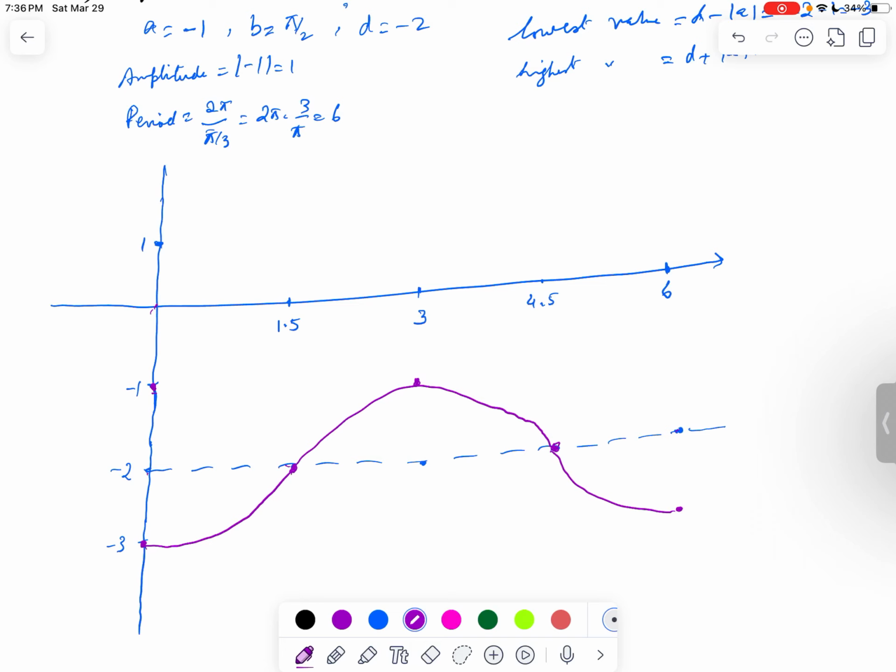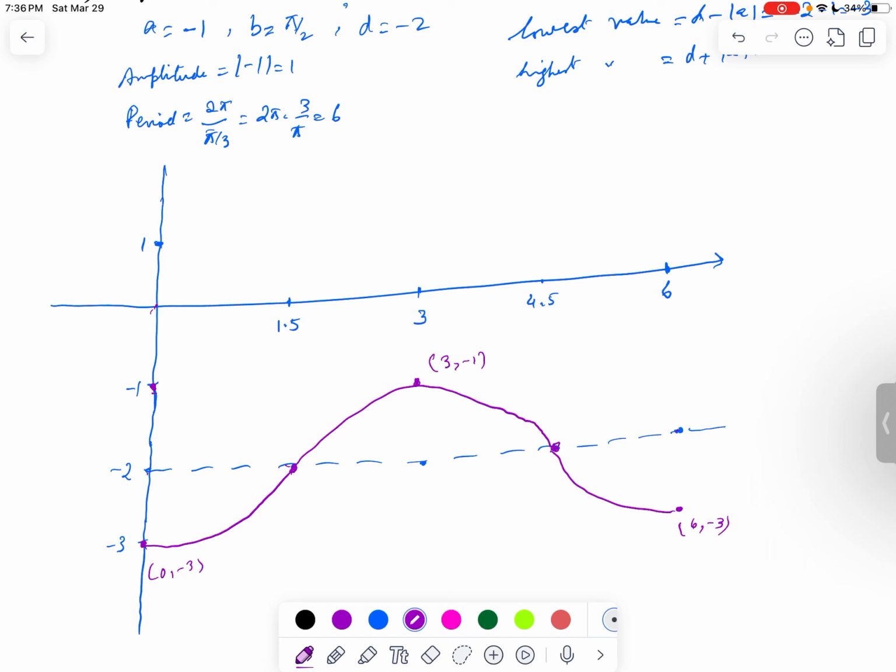So that is your required graph. Highest point is (3, -1). Lowest point is over here (0, -3). Over here (6, -3). And that's it. That's how you do these graphs.